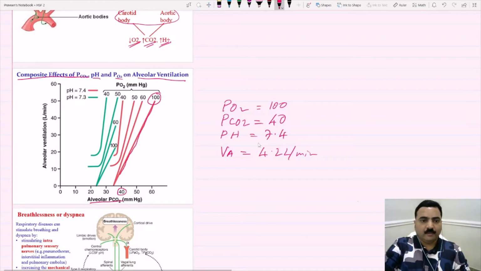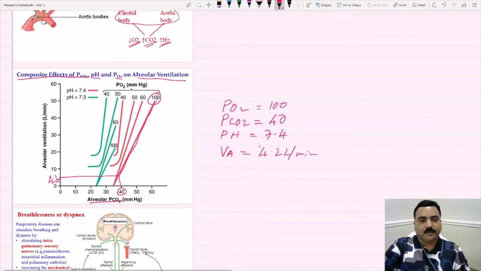And the alveolar ventilation? It is around 4.2. So this is your normal alveolar ventilation. Now when I change these values, let's see what happens.